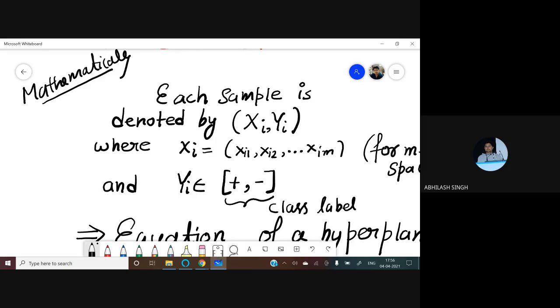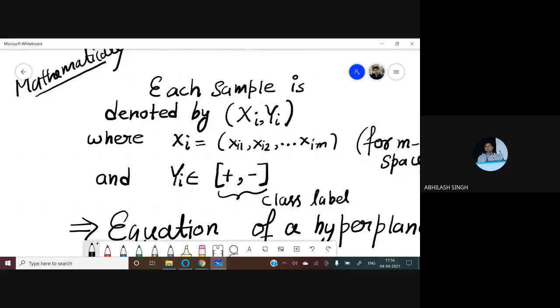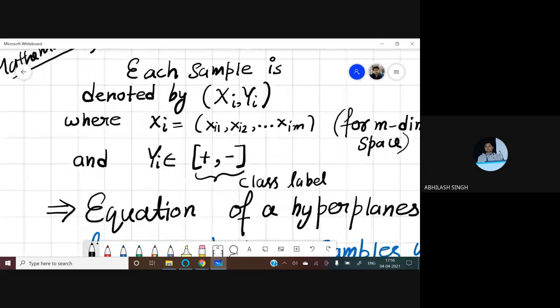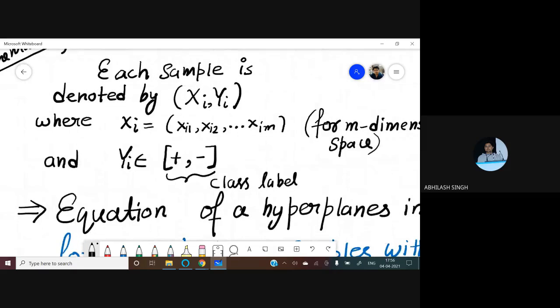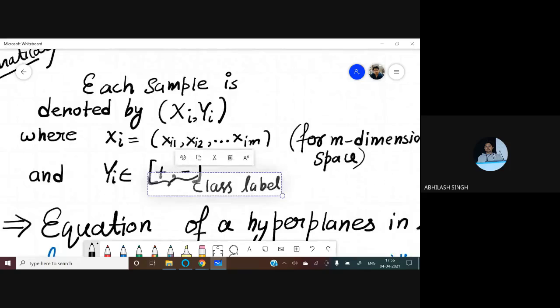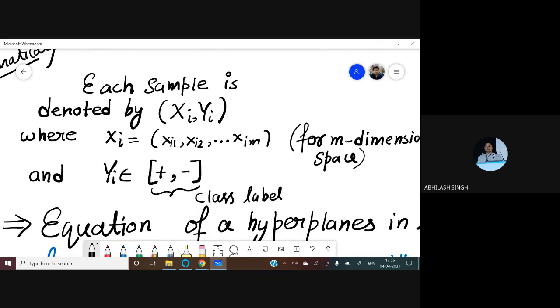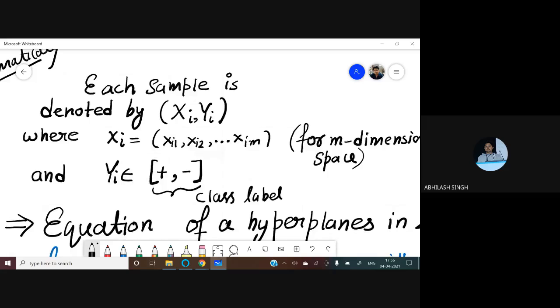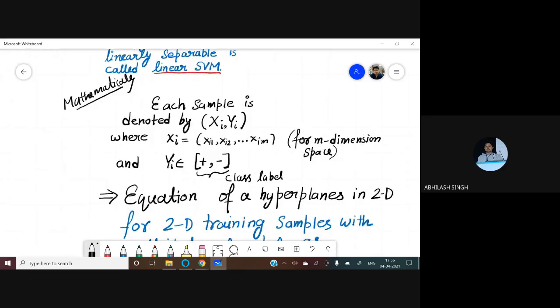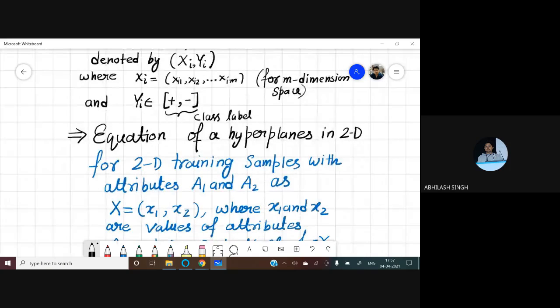So this will be your homework after this session. Just go and read how we can apply SVM for multi-class classification.